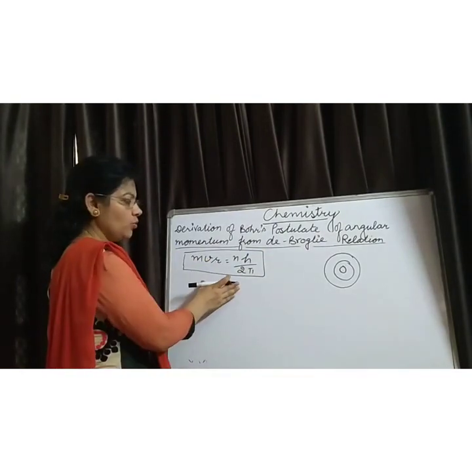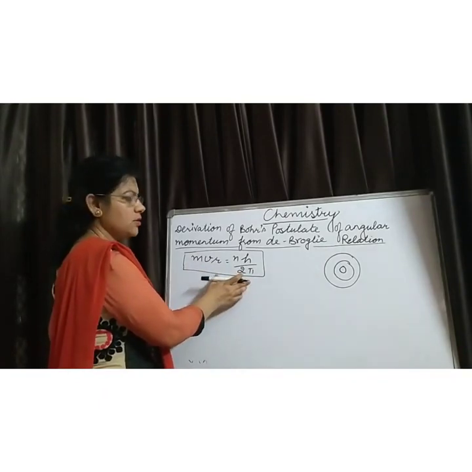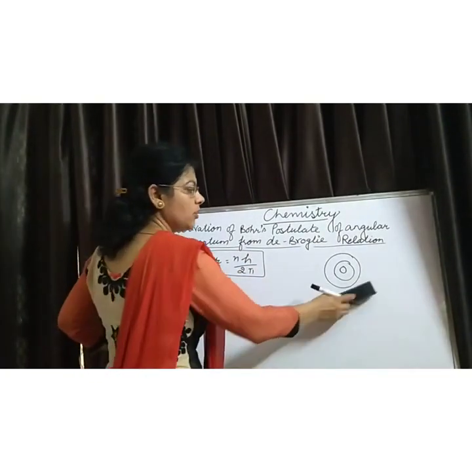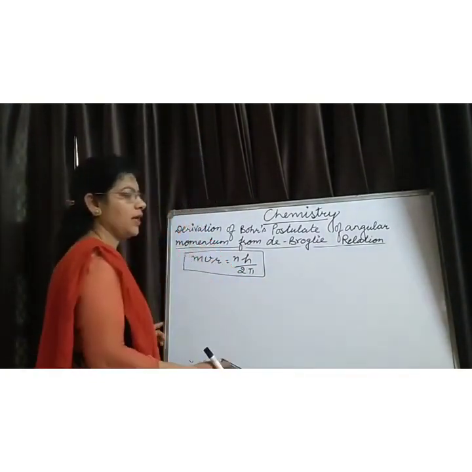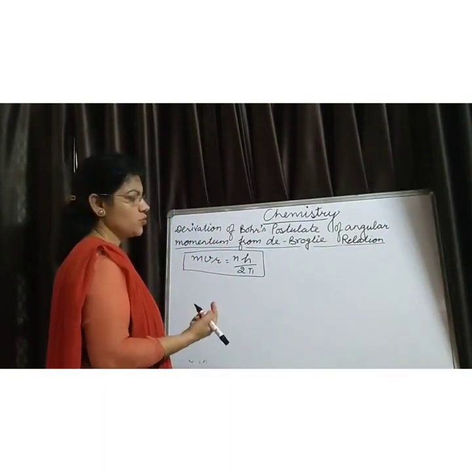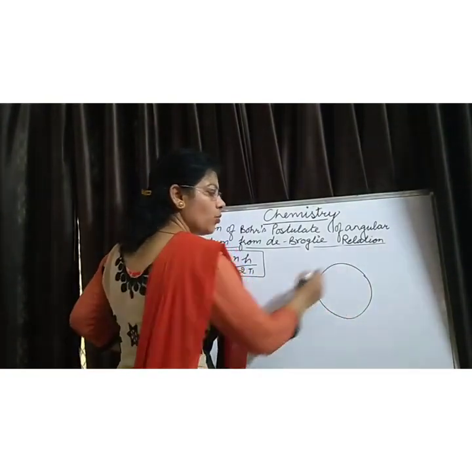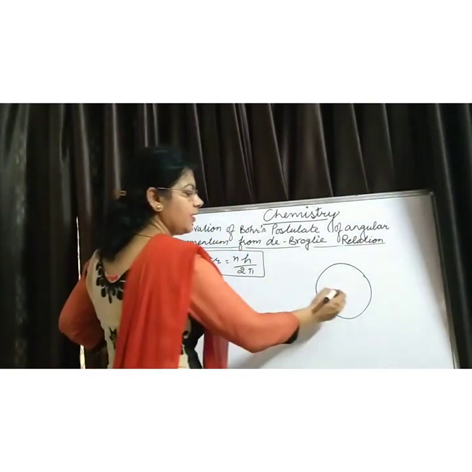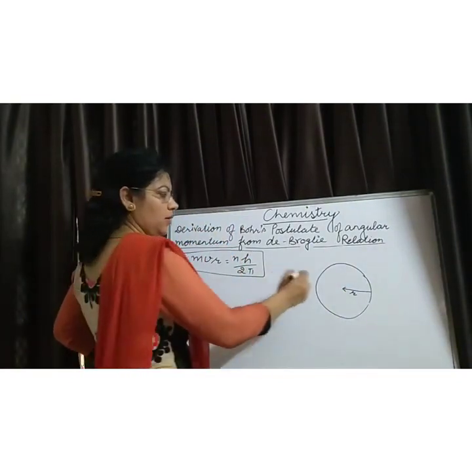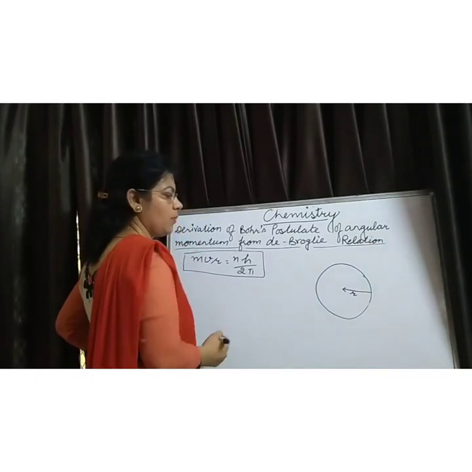Let's see how we prove that this relationship follows from the de-Broglie concept. If all particles or electrons have dual character, meaning they have particle nature as well as wave nature, then consider this Bohr's orbit having radius r, and electrons are revolving in this orbit.